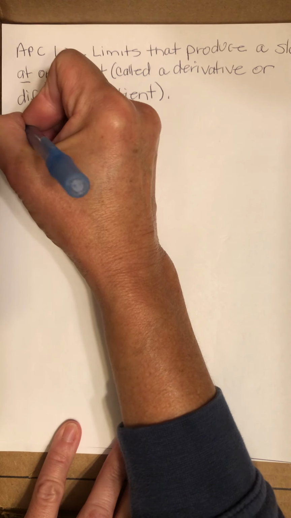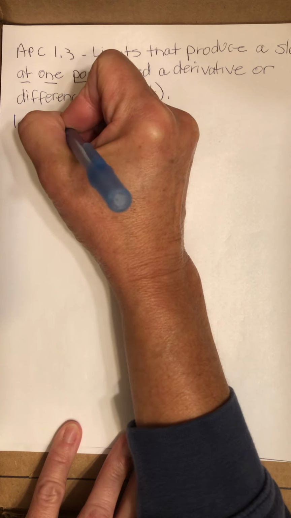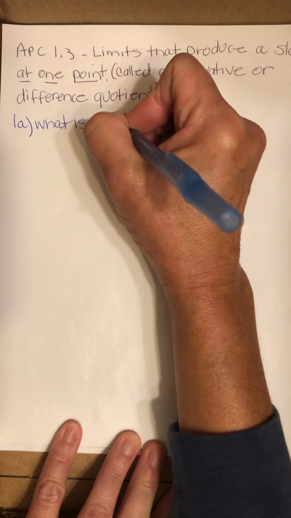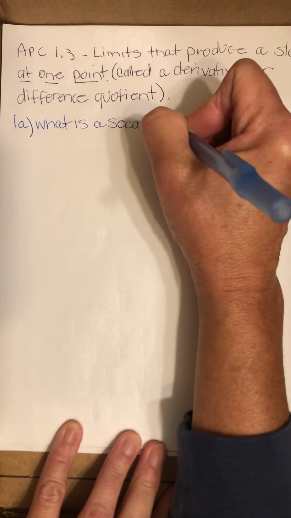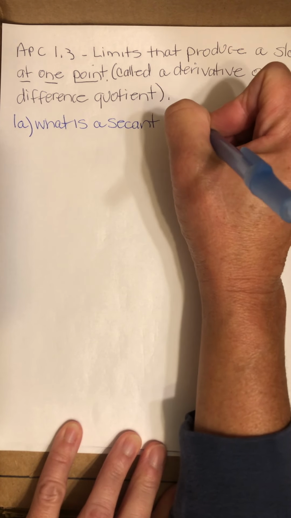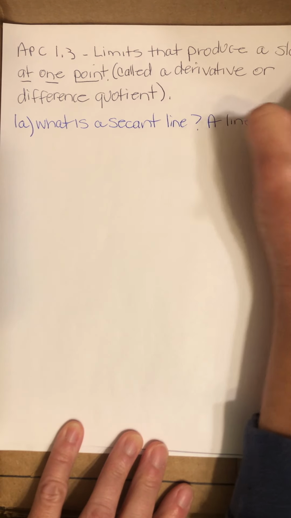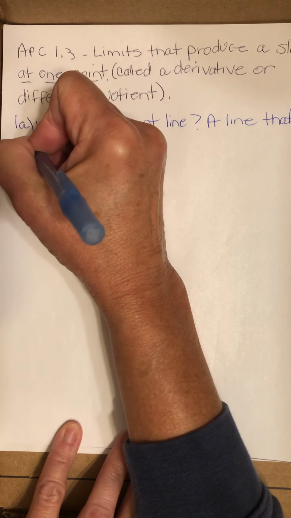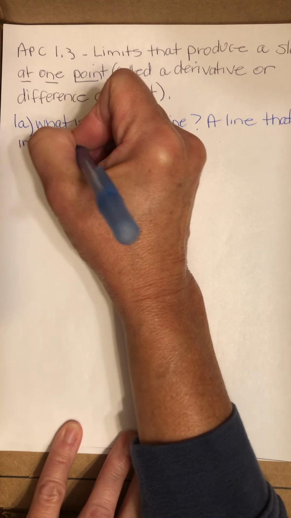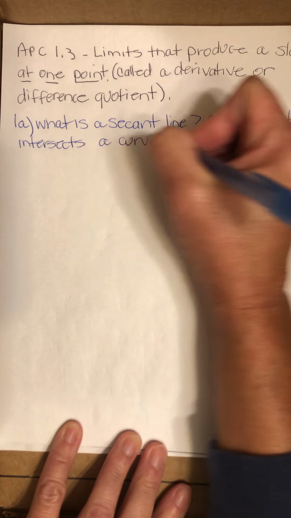So 1A, what is a secant line? A secant line is a line that intersects a curve at two or more points.